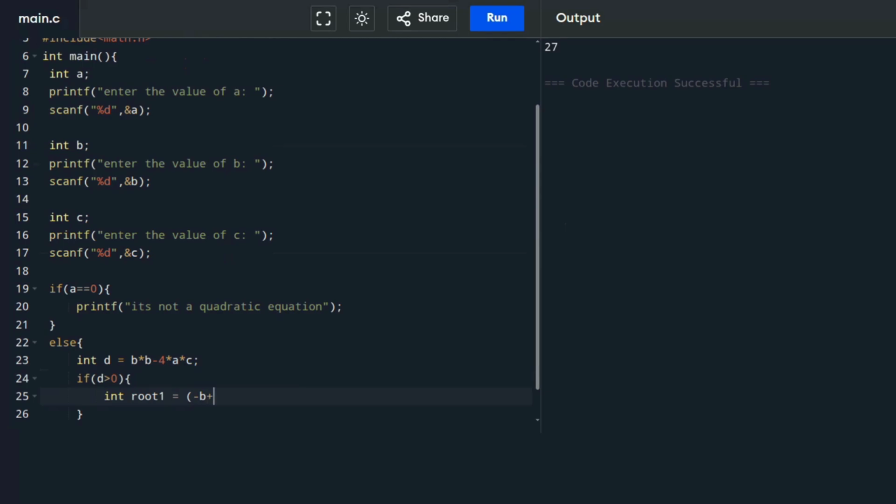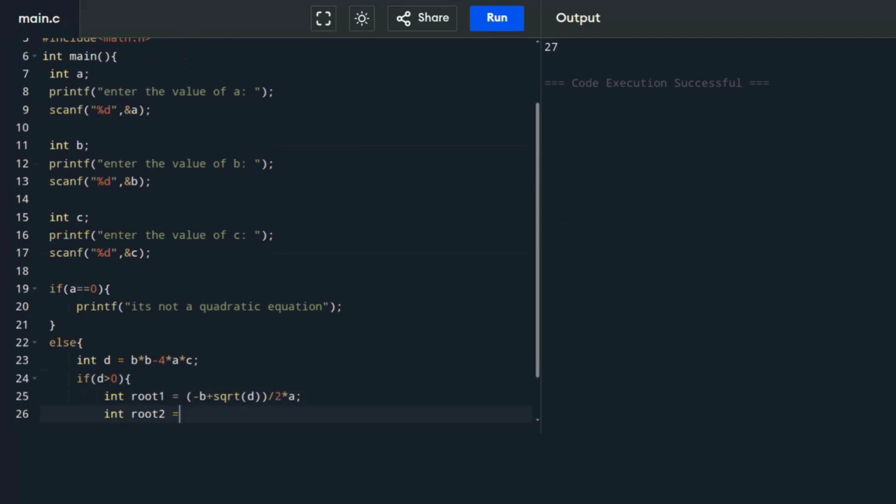The root 2 will have the minus sign, so minus b plus minus under root b square, so sqrt of d, because d is equal to b square minus 4ac, divided by 2 times a. So this is my first root, and int root 2 is basically the same with a minus sign.